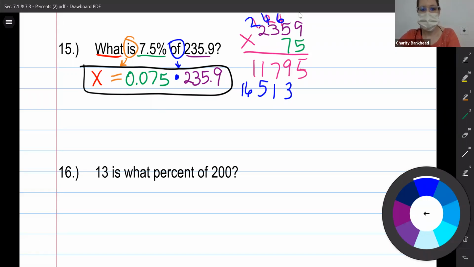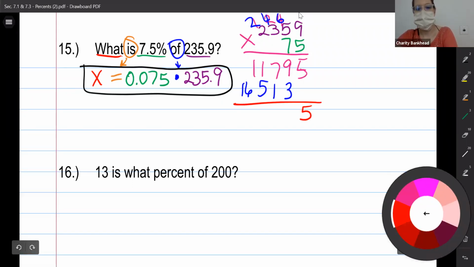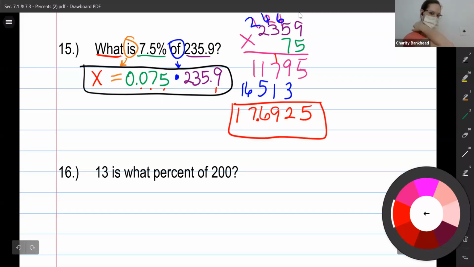Okay, so I got 176925. And I need 1, 2, 3, 4 of those digits to be after the decimal point. So that makes it 17.6925. Any questions about that?